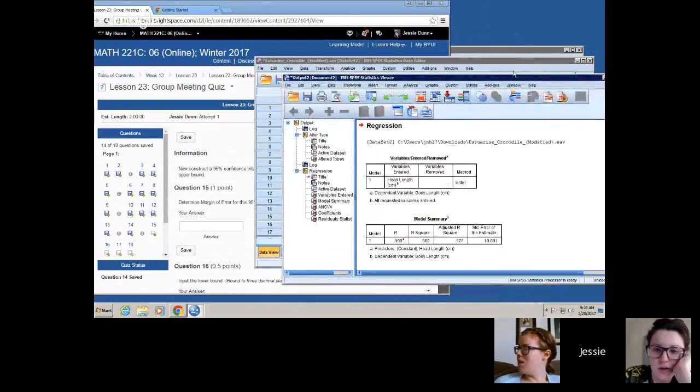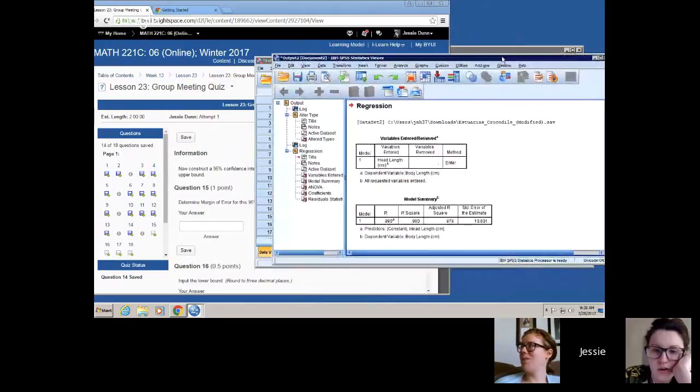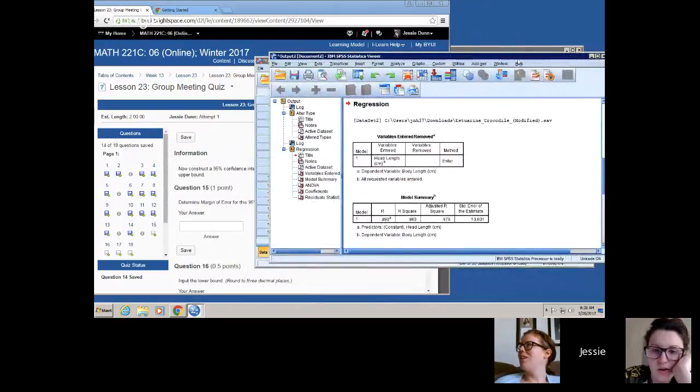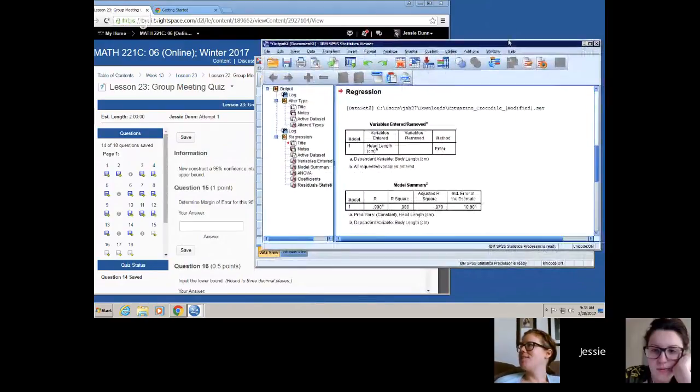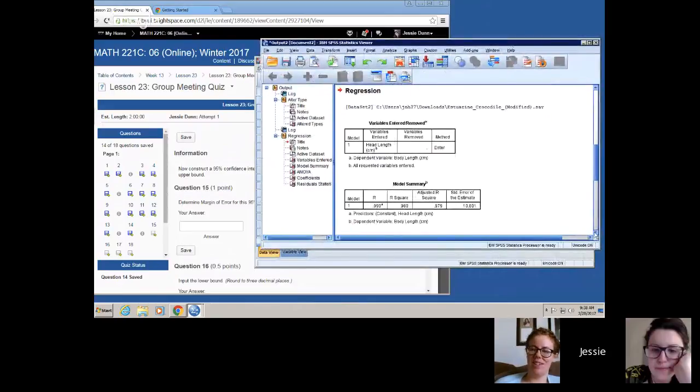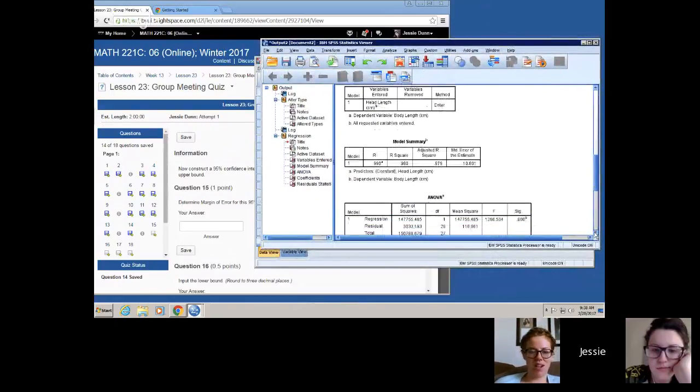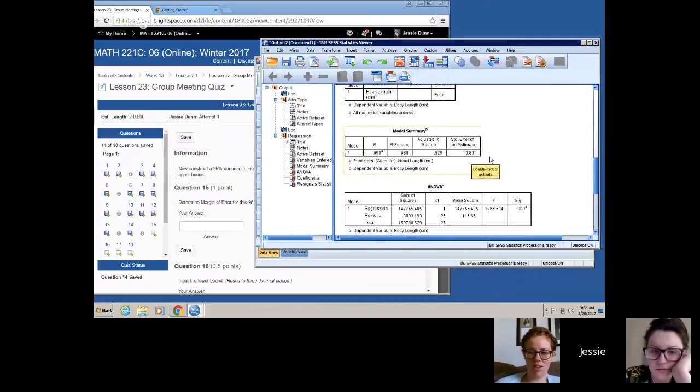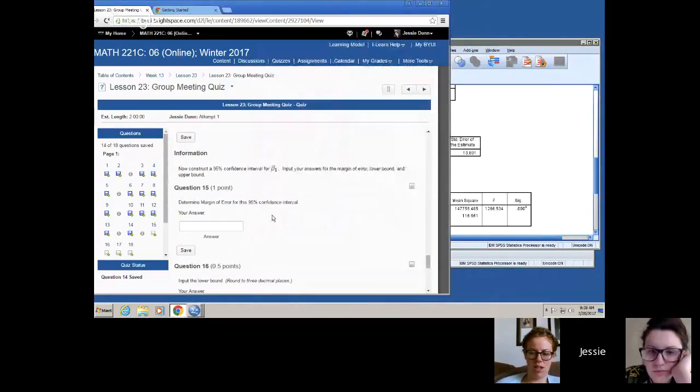So our margin of error. What did you get? For the error estimate, hold on. Standard margin for this 95% confidence interval. Oh, that's right.